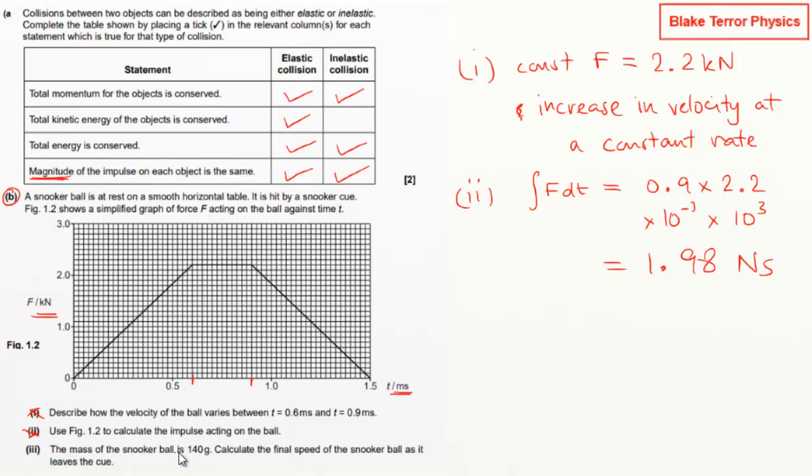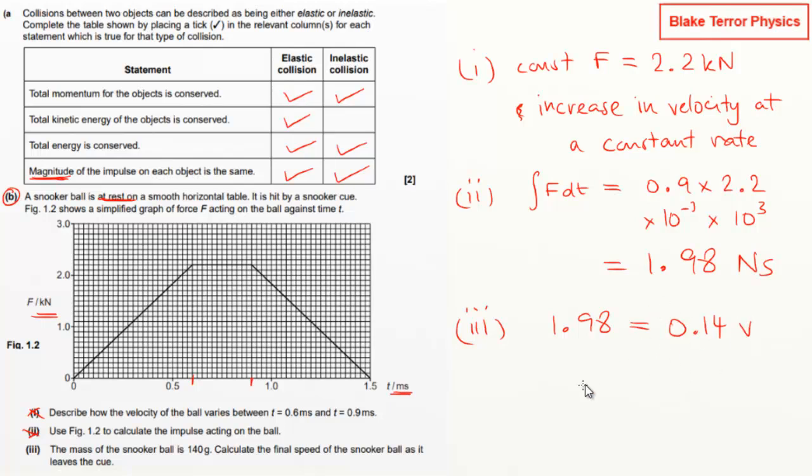The mass of the snooker ball is 140 grams. Calculate the final speed of the snooker ball as it leaves the cue. Well, that impulse is the change in momentum. It's told us that it started at rest, that's in the question, so that is the final momentum of the ball. So that 1.98 is going to be equal to the mass, they've given it in grams, so let's flip it over to kilograms, times the final velocity.